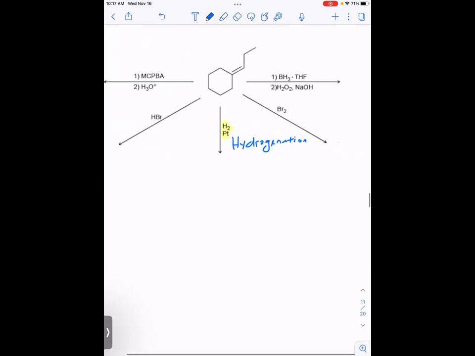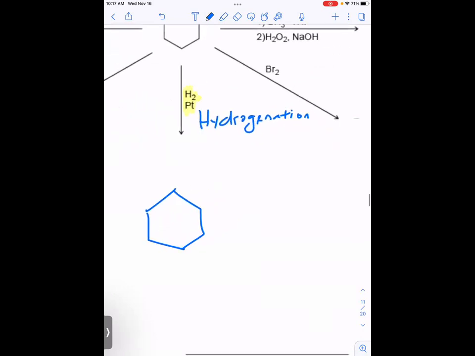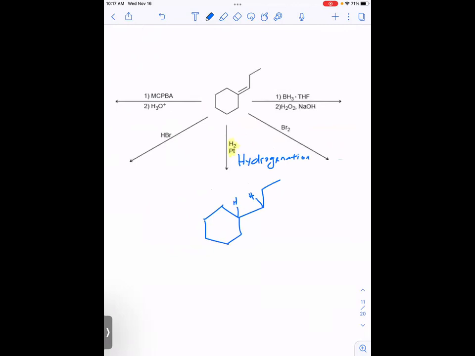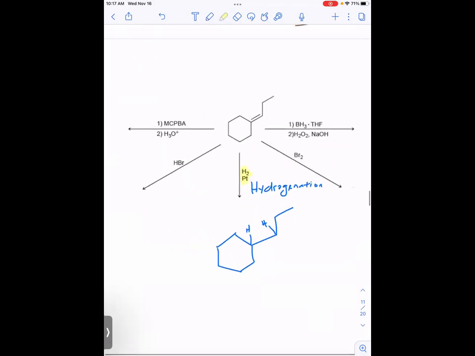It turns it into an alkane. So it takes that double bond and it adds a hydrogen to each side and turns the alkene to an alkane. So we added a hydrogen here. We added another one here. Good, excellent.